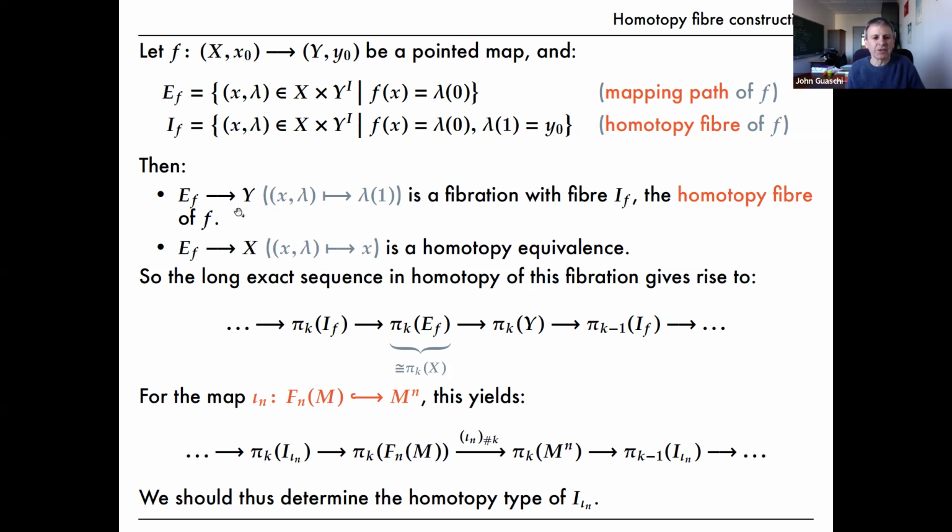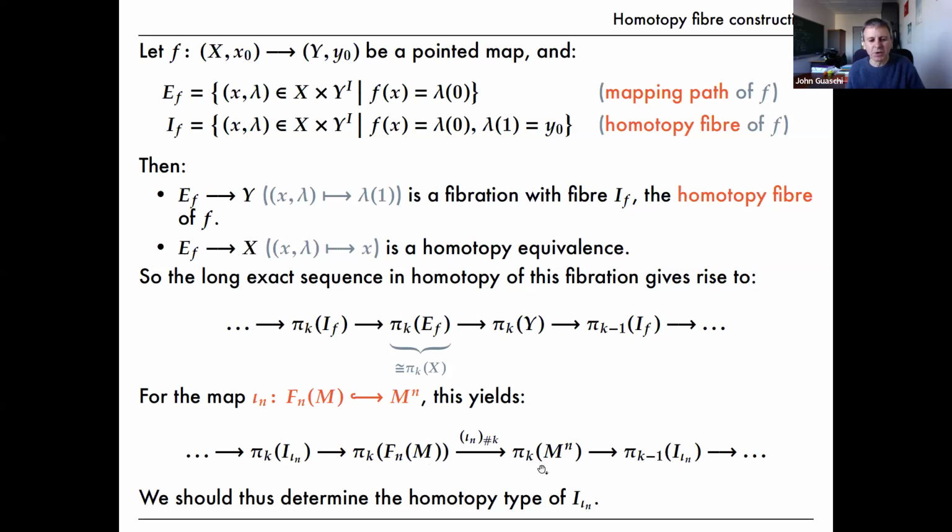If you take the long exact sequence in homotopy of this fibration, you get this thing here, and up to isomorphism, by the second remark, we can replace pi k of EF by pi k of X. And so in the case that we're particularly interested in, we get this long exact sequence in homotopy.